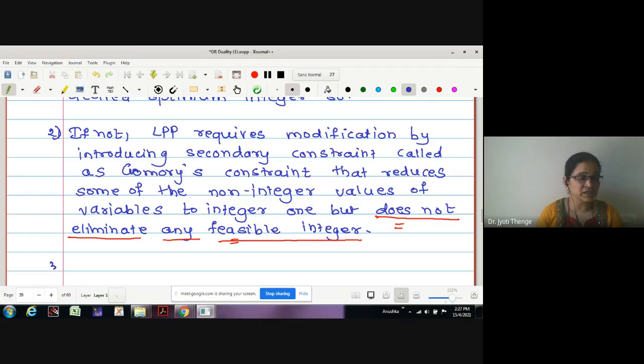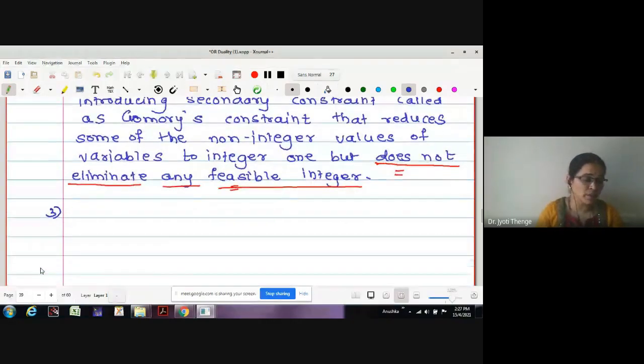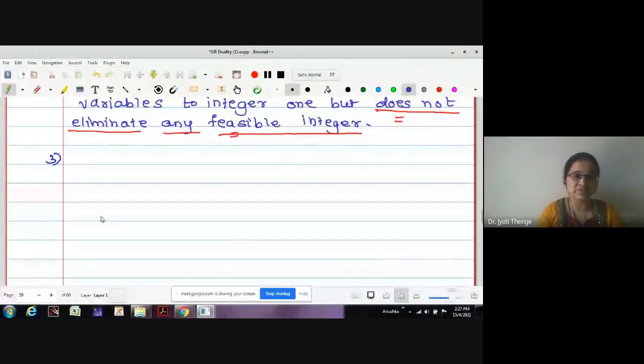And then the third observation: once we introduce that secondary constraint, solve the problem by the usual method, whichever is applicable. Here it was suggested to use the dual simplex algorithm.